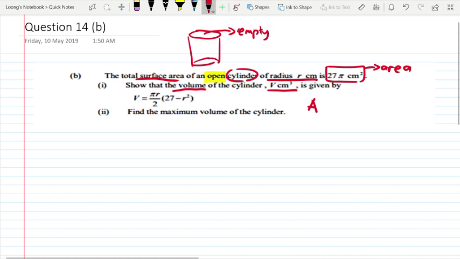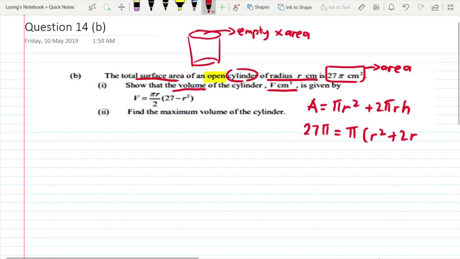And so there's no need to calculate the area for it. So A equals πr² plus 2πrh, which is actually 27π equals πr² plus 2rh, and we just cancel out π first.